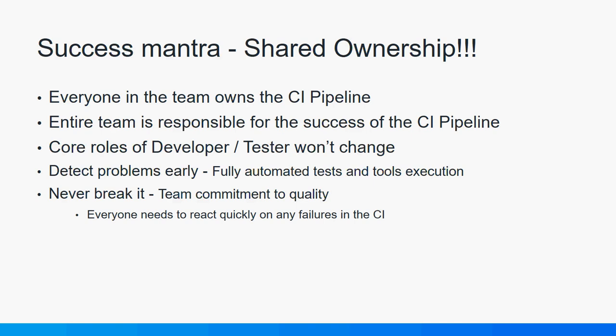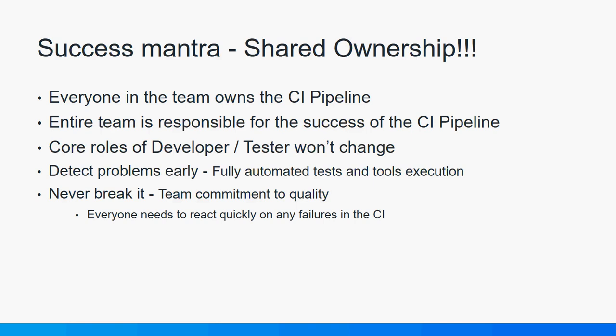Though we say that everyone is working as a single team, the core roles of developer and tester won't change. The developer will still be writing the code which achieves the functionality, and the tester will be writing the testing code. But there could be an overlap.